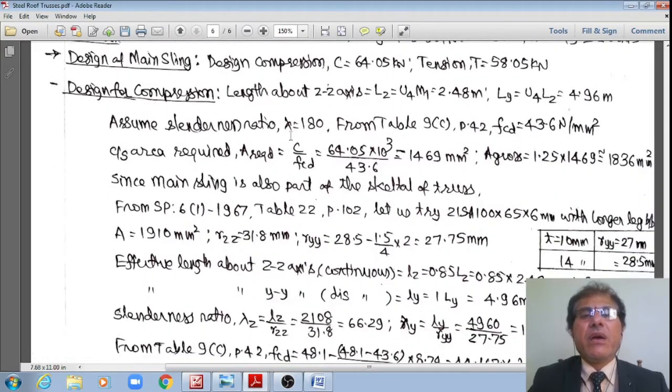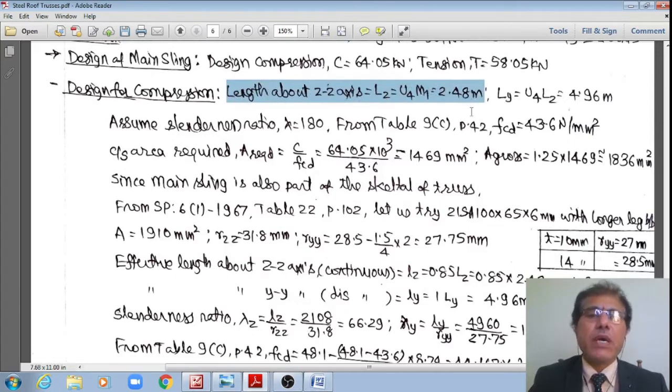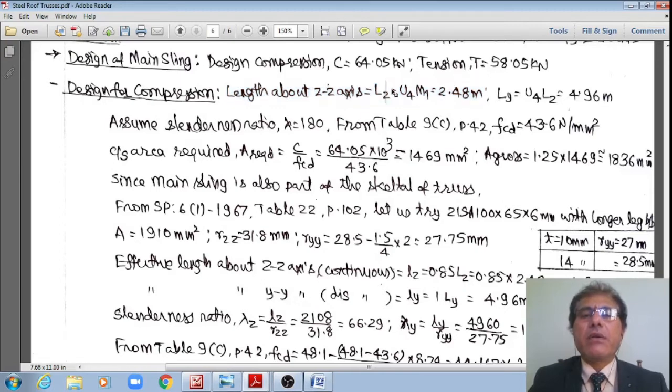Now I have to have the length about the ZZ axis, that of this U4 M1 length. First one is 2.48 meters, student. However, about the minor axis, let me go to this figure.